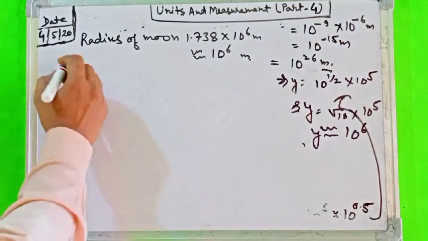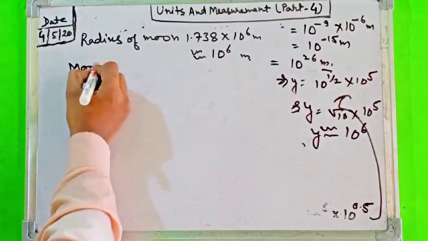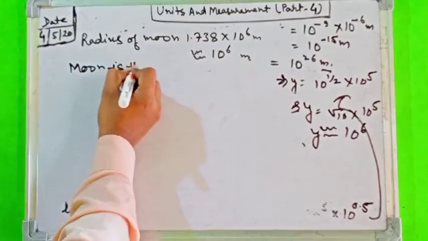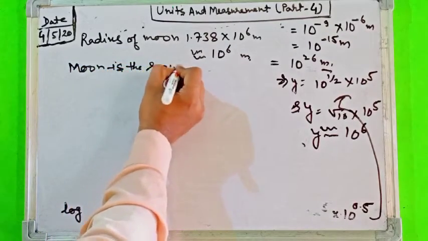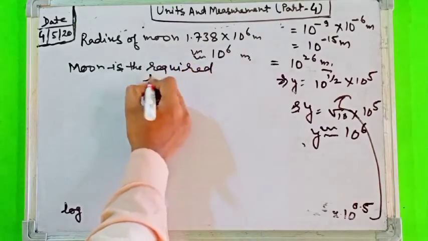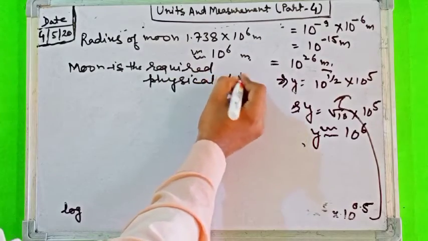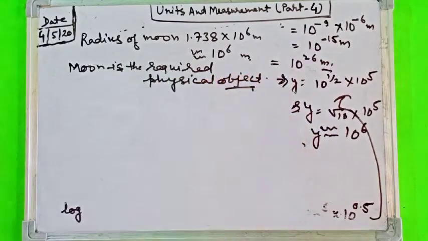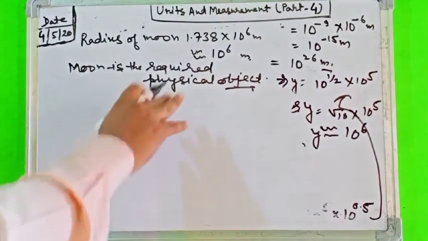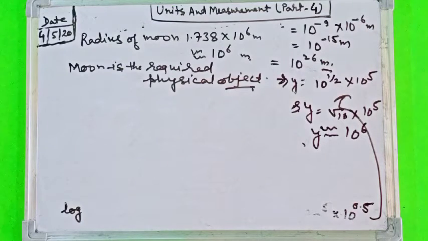So the moon is the required physical object. On halfway between the logarithmic scale, after doing the calculation, we calculated that the moon is the physical object whose order of magnitude is 10 to the power 6 meter.